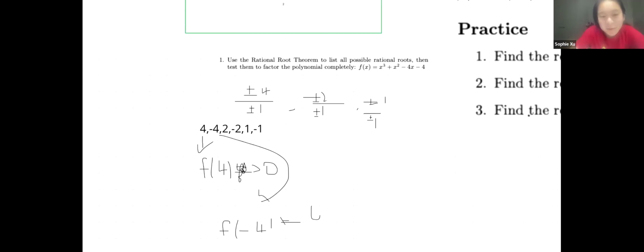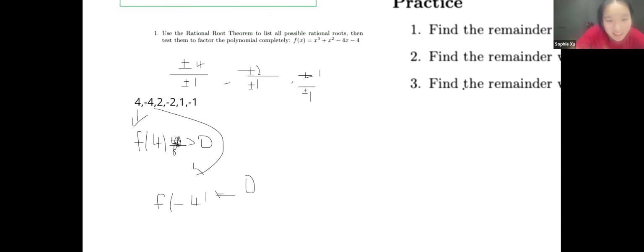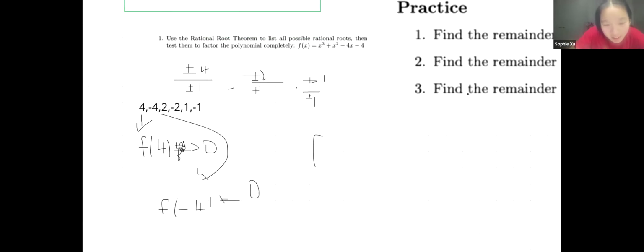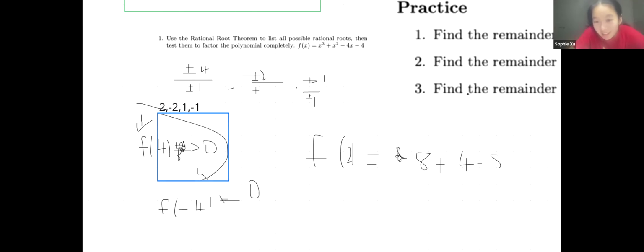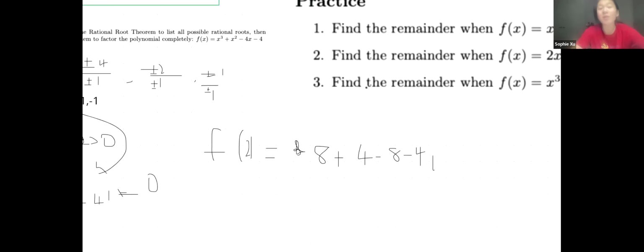Well, there's people saying that 2 works. Right, let's test out 2 now. Well, let's just cross out 4 and negative 4. f of 2 is just 8 plus 4 minus 8 minus 4, right? And that's definitely equal to 0.